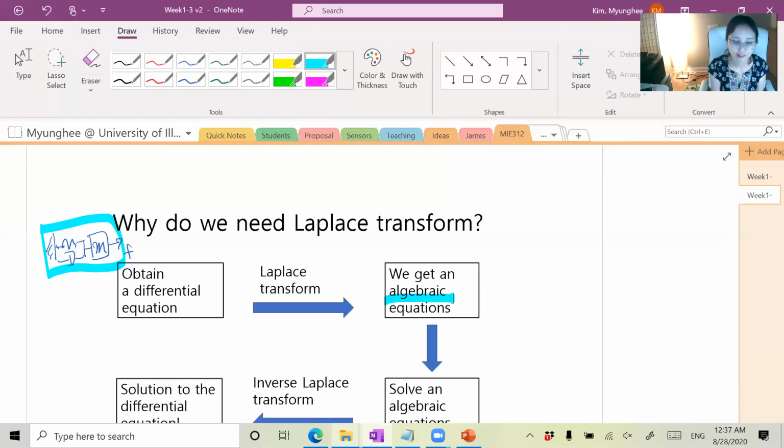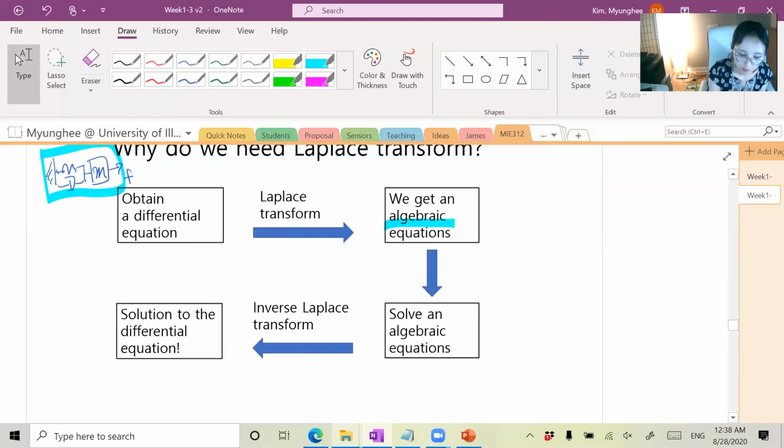And another thing is that this system becomes something like a plant with input and output, which you saw in a functional block diagram. So it's very easy to design a controller by taking a Laplace transform. And if we need a time domain solution, we can always take the inverse Laplace transform and get a solution.